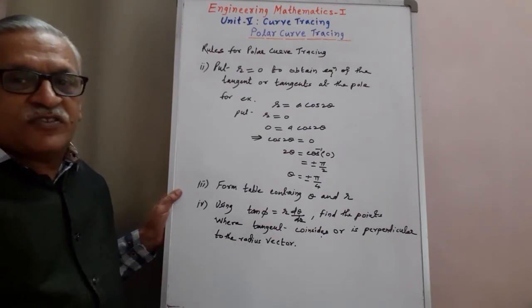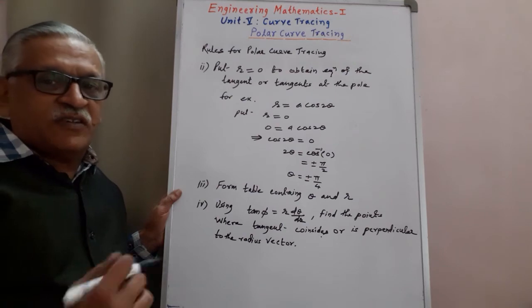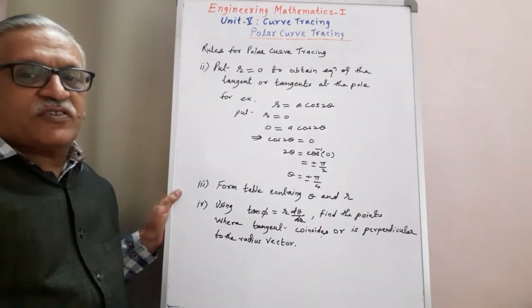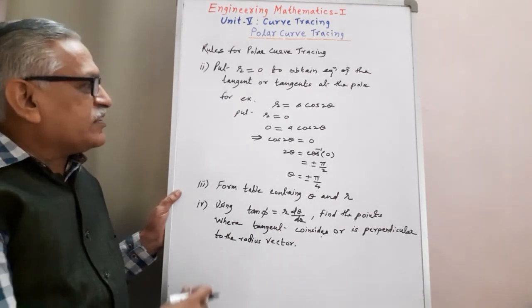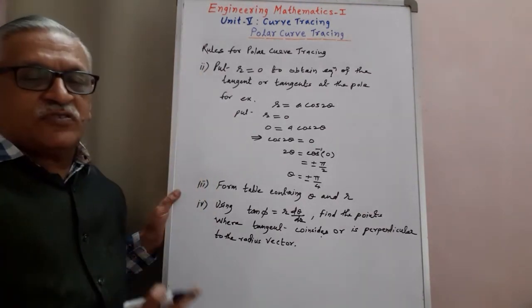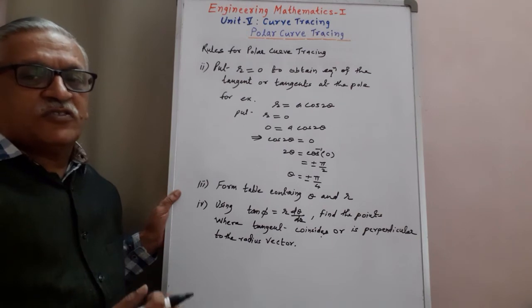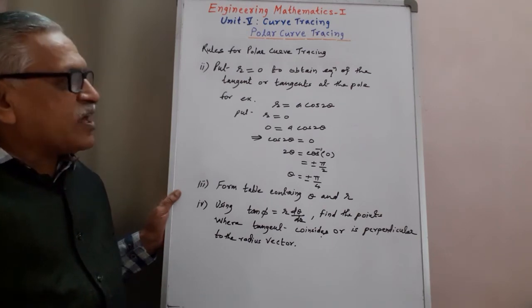If we get φ = 0, then the tangent coincides, and if we get φ = π/2, then the tangent is perpendicular to the radius vector. Therefore, these are the 4 important points to plot any polar curve.